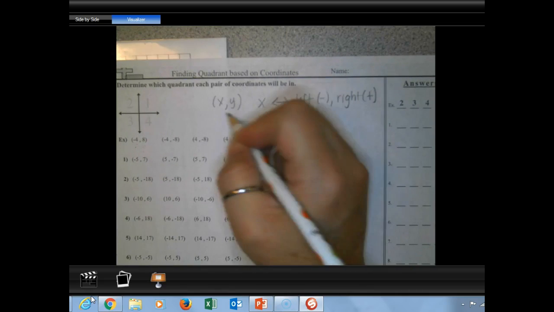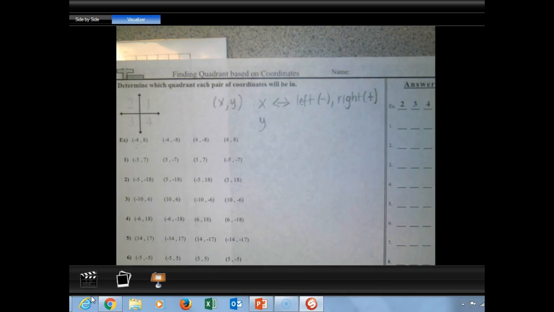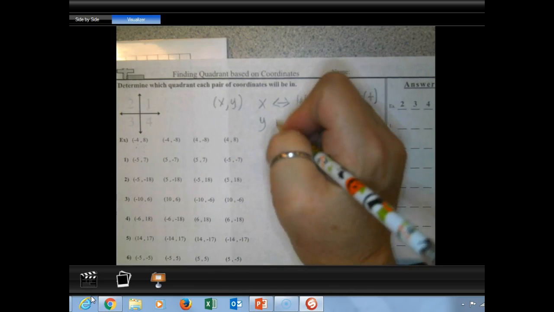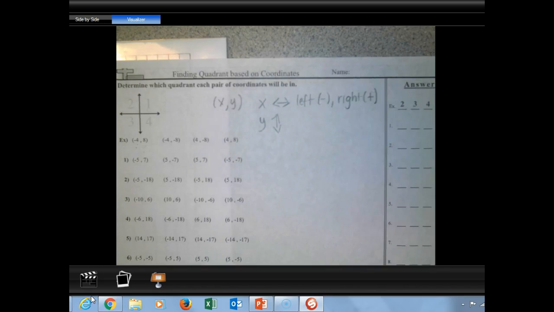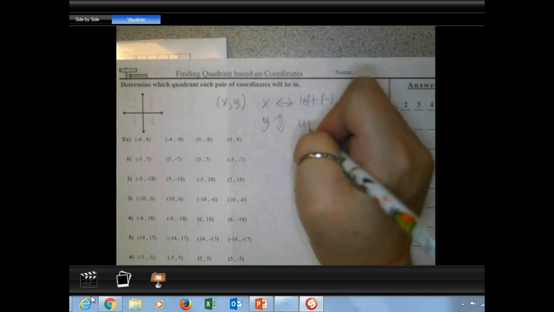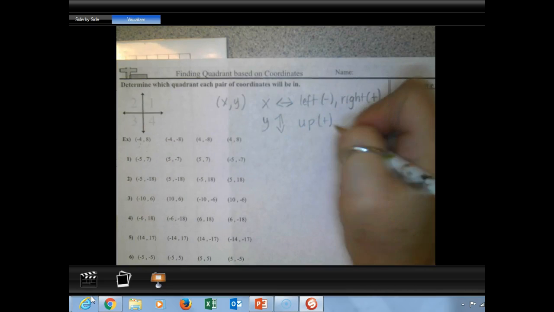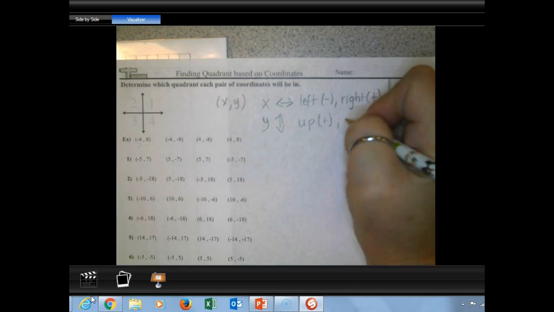My y in my ordered pair is always the second number, and that tells me if I'm going up or down. Up is positive. Down is negative. So I expect everyone in this room right now to be writing this down. I'm going to give you a couple minutes to write this in your notebooks.